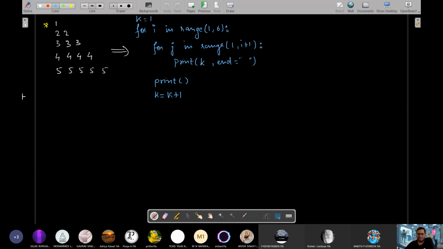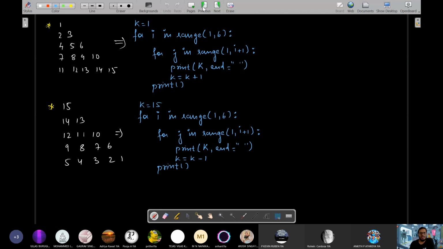Okay, ये concept समझ में आया? See, structure is same, only with the printing thing we are playing with. बताओ मुझे. The earlier program, every time you were printing, you had to increase k by 1.